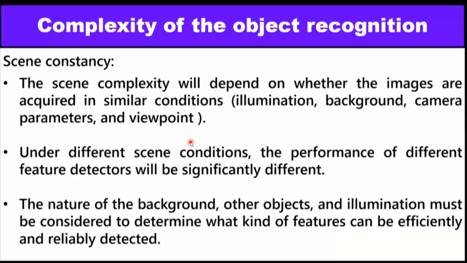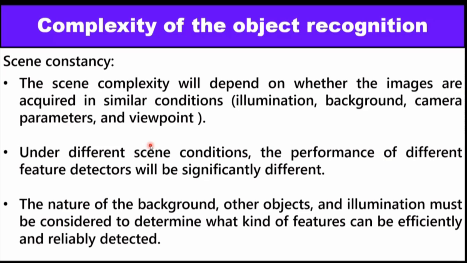Now, the first problem we mentioned is scene constancy. First of all, there are two parts: your objects are moving or steady. In case of steady objects, we can achieve great accuracy.